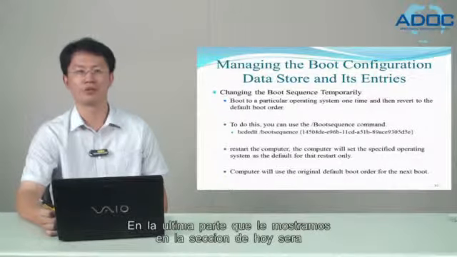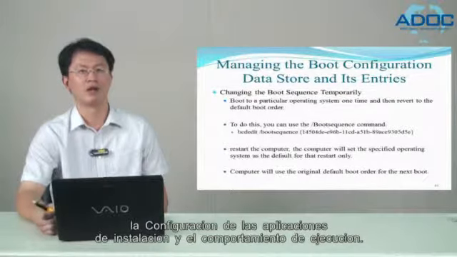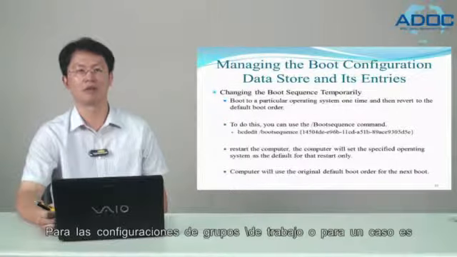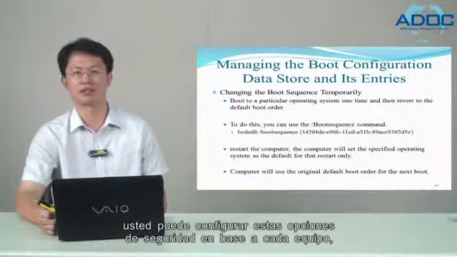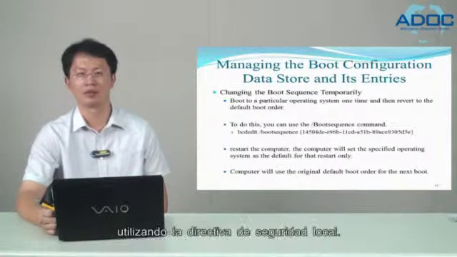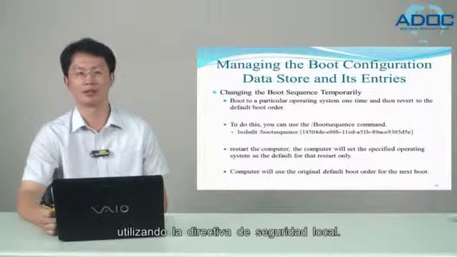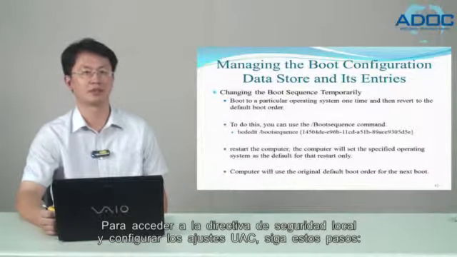The last part we show you for today's section is configuring application installation and run behavior. For workgroup configurations or for a special case, you can configure these security settings on a per computer basis using local security policy. To access local security policy and configure UAC settings, follow these steps.